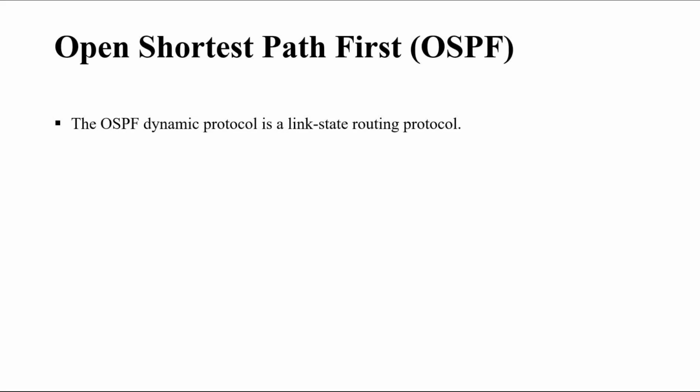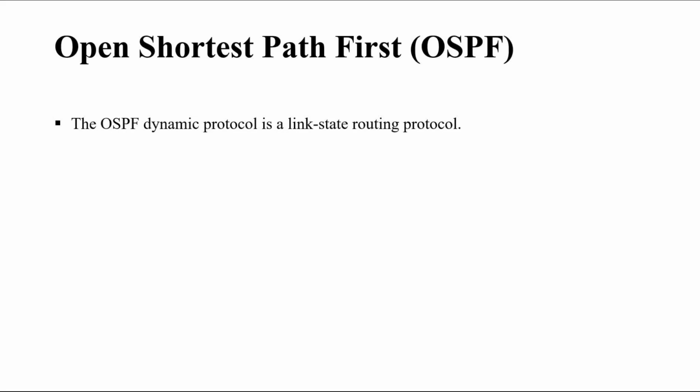But in the case of link state routing protocols, all connected routers have to build the same routing information, share it, and exchange the same routing information. And they have to build a common map of the network.